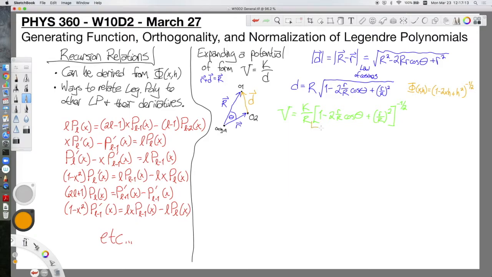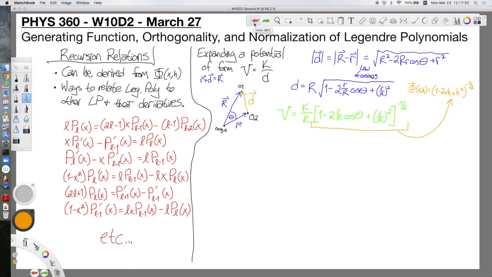And wouldn't you know it, all of this right here looks an awful lot like that. And this is the logic behind why we pulled R out of our square root here. It's because we want our first term to be a 1.